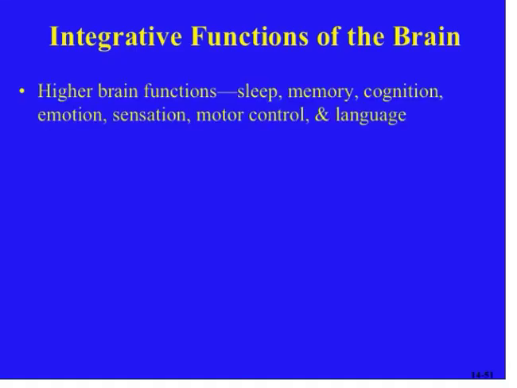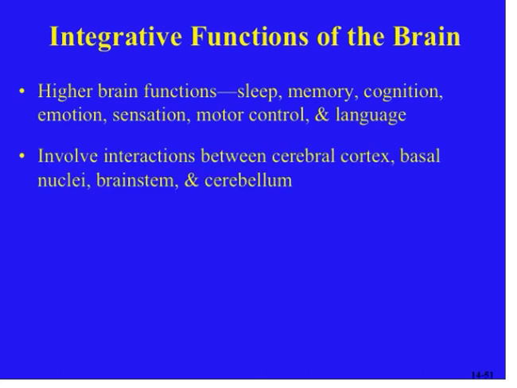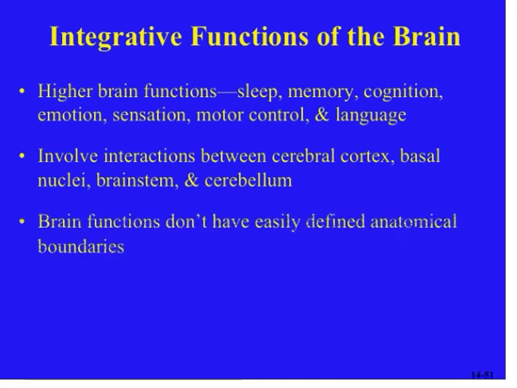The higher brain functions we think of as sleep, memory, cognition, emotion, sensation, motor control, and language. These involve interactions between the cerebral cortex, the basal nuclei, the brainstem, and the cerebellum.